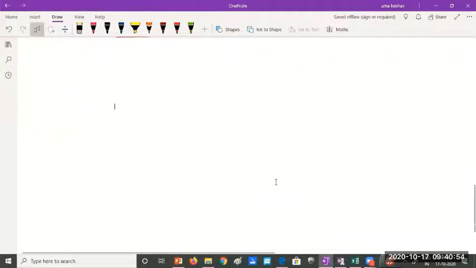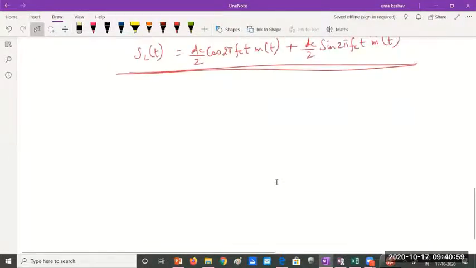Now based on this expression, is it possible for us to draw the waveform in time domain? Yes or no? It is possible, but it is not easy. You have to consider all the components and then draw the waveform.